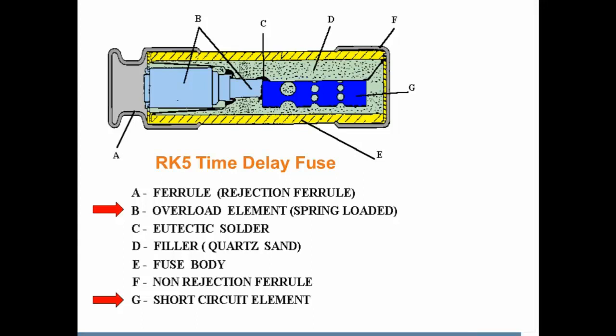This is a typical RK5 time delay fuse, and you can notice that it's made up of two segments. This segment is a short circuit element, and this short circuit element will be the provider of the current limitations, such as it is in the RK5, and this is the overload element.